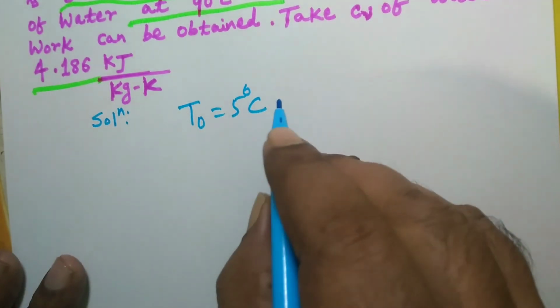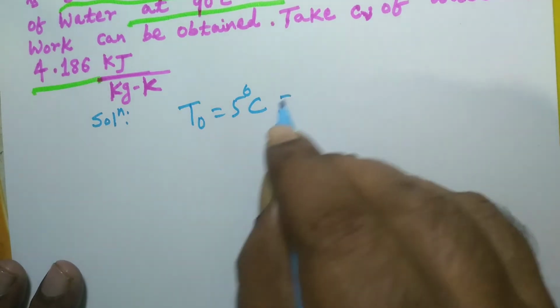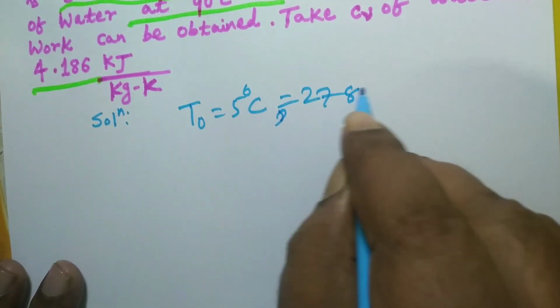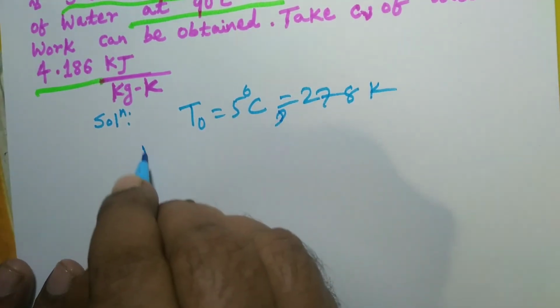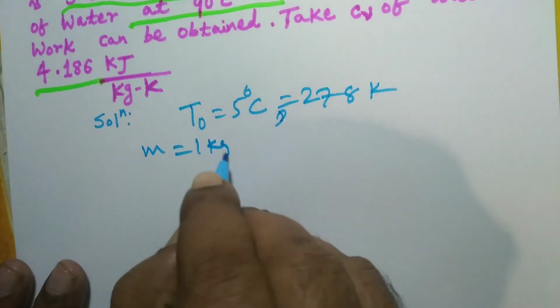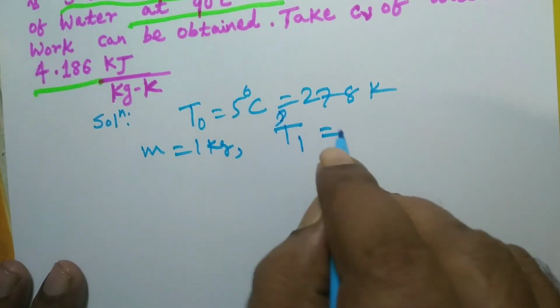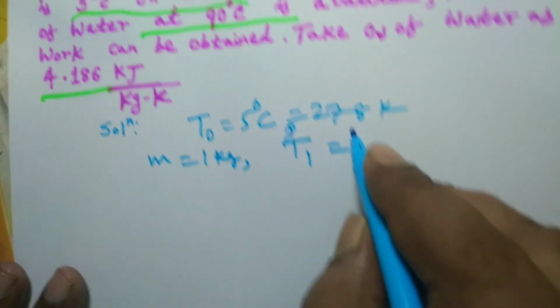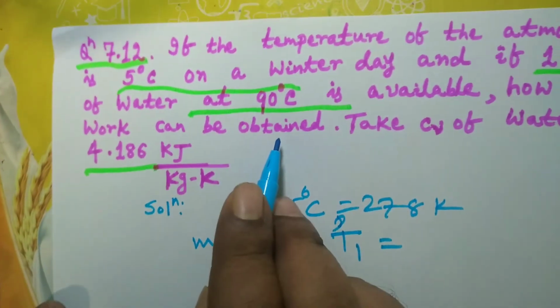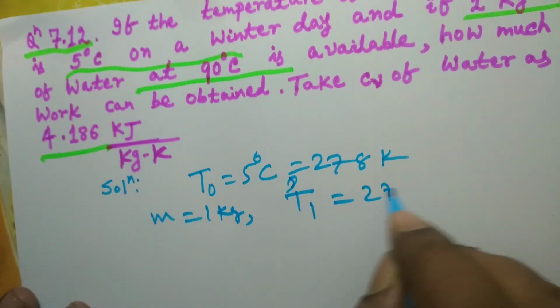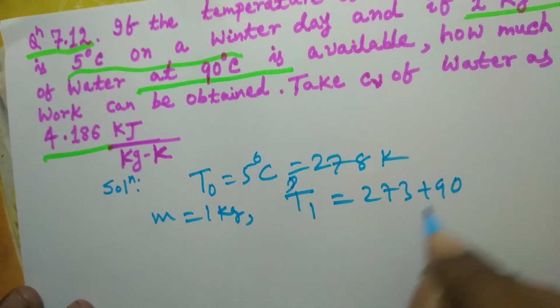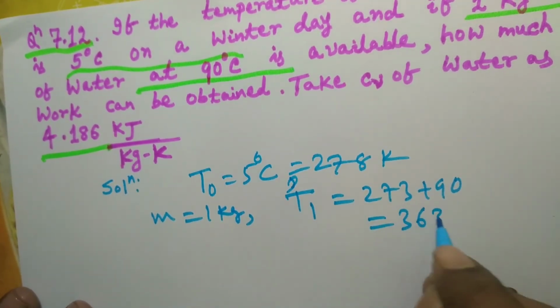So T0 is here 5 degrees Celsius, that is in terms of Kelvin, 278 Kelvin. Mass is 1 kg. T1, the temperature of the system, that is the temperature of water, is 90 degrees Celsius, 273 plus 90, that is 363 Kelvin.